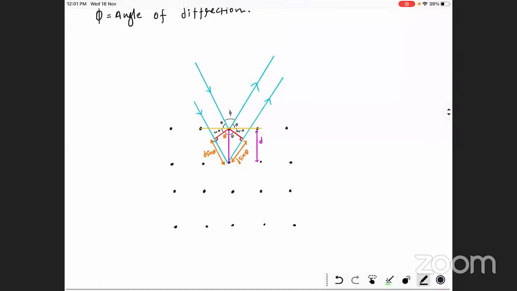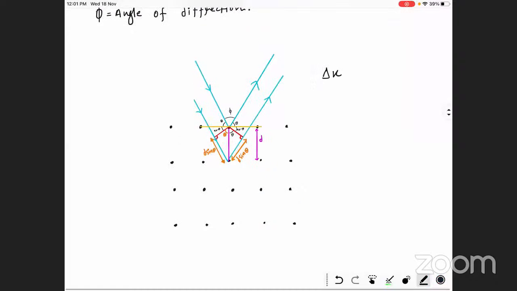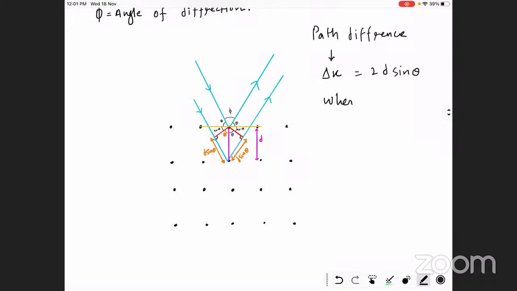Because of reflection from the nickel crystal, there should be a path difference. Delta x means path difference of how much? 2d sin theta, where theta is which angle? Glancing angle. Bragg's angle.